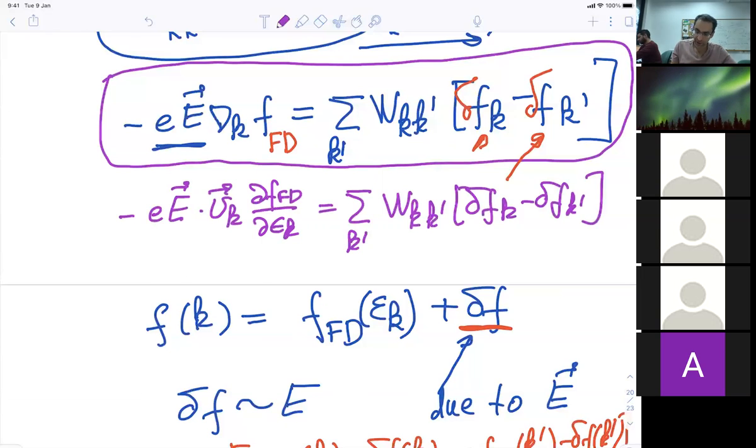And like I said, this thing on the left is only different from 0 in the close vicinity of the chemical potential. So it means that far from the chemical potential, the electrons are at equilibrium and delta f is 0. Beneath the chemical potential, all states are occupied and electrons are at equilibrium as well. However, in the close vicinity of the chemical potential, within the width of the temperature, there is something interesting going on.